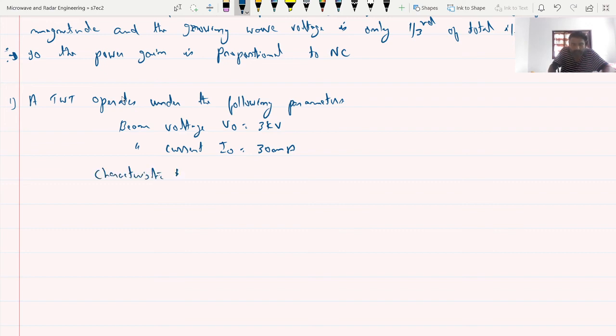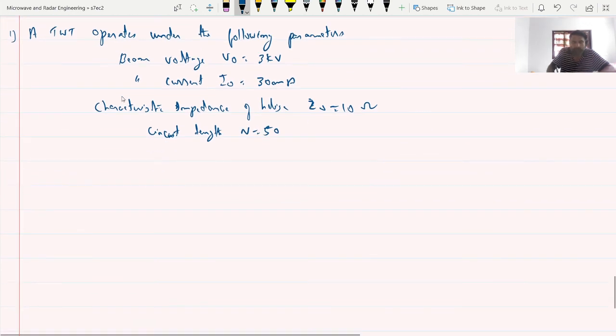Characteristic impedance of helix Z naught equal to 10 ohm. Circuit length N equal to 50. Frequency f equal to 10 gigahertz.